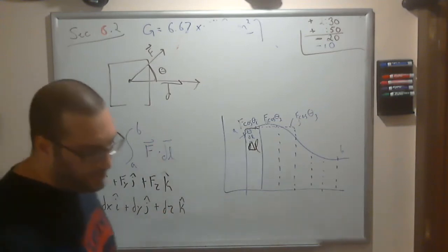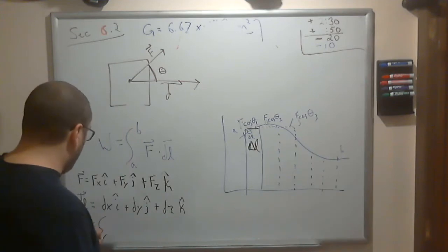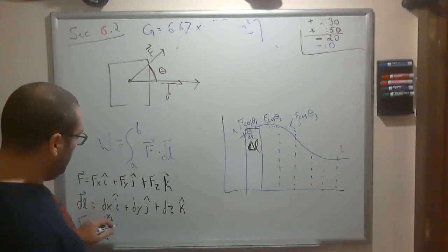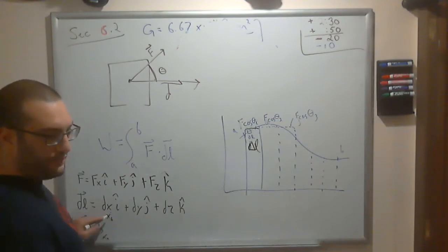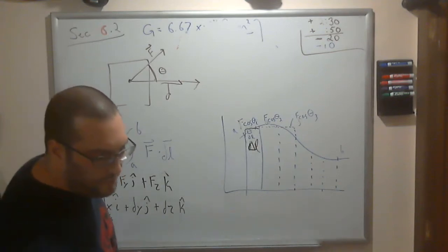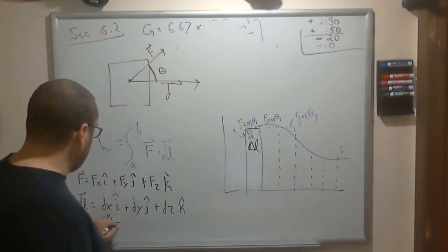You multiply the same components together. So then the work would be given by the integral from xb to xa of the force in the x direction dx, right?